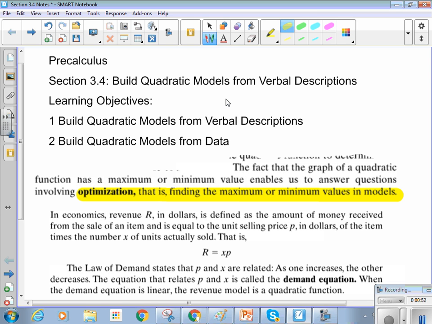In economics, revenue R in dollars is defined as the amount of money received from the sale of an item. Right? Revenue is the money you receive. And is equal to the unit selling price P in dollars of the item times the number of units sold.